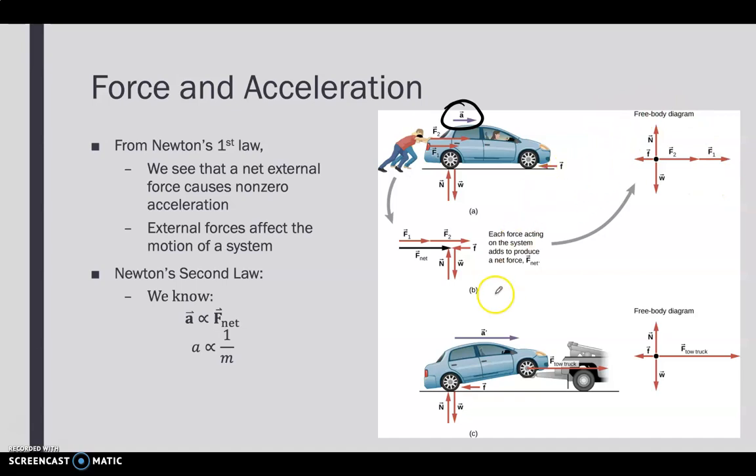And we can do the same thing when that vehicle is being towed. So again, we have some sort of resulting acceleration here. We have the same frictional force, but now we have a different force of the tow truck. Okay, so we don't have the people pushing on it anymore.